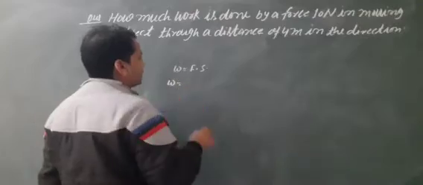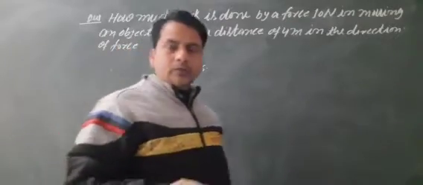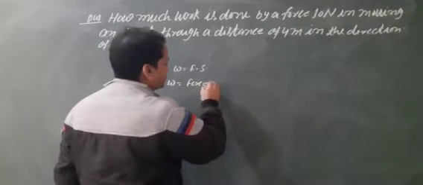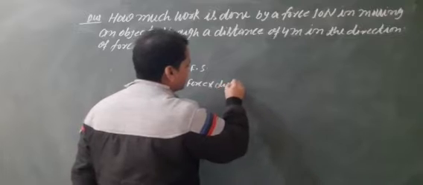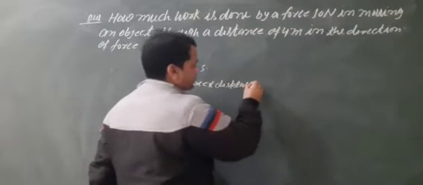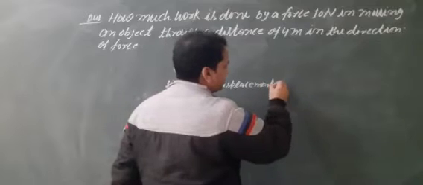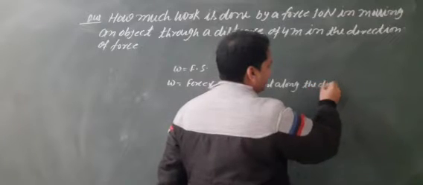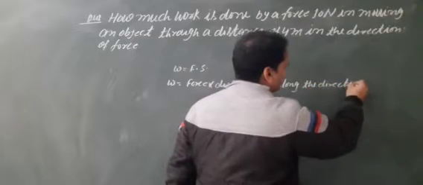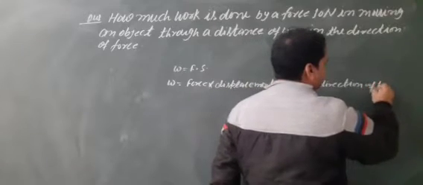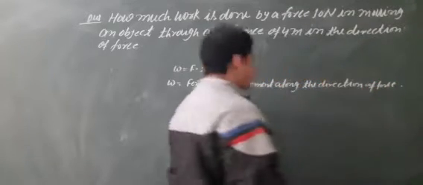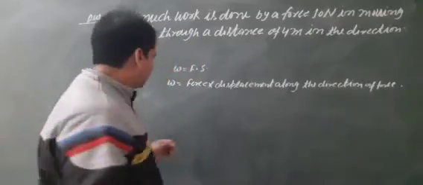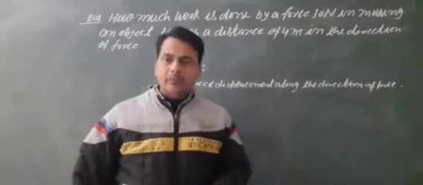Work done equals force into displacement along the direction of the force. So work done is the product of the force and displacement along the direction of the force.